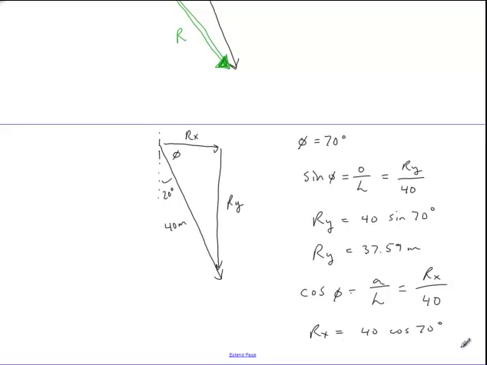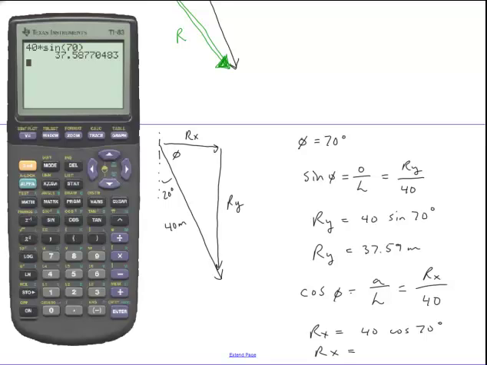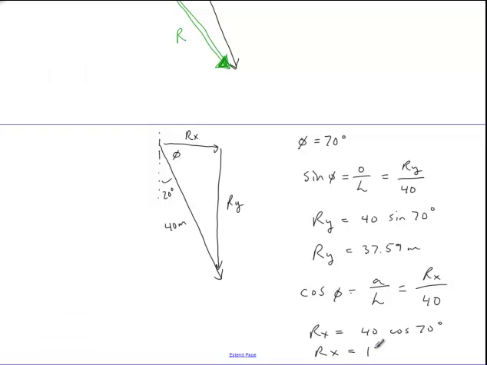Using our calculator, 40 times cos 70 degrees is 13.68 meters. So this one right here is 13.68. This one right here is 37.59.